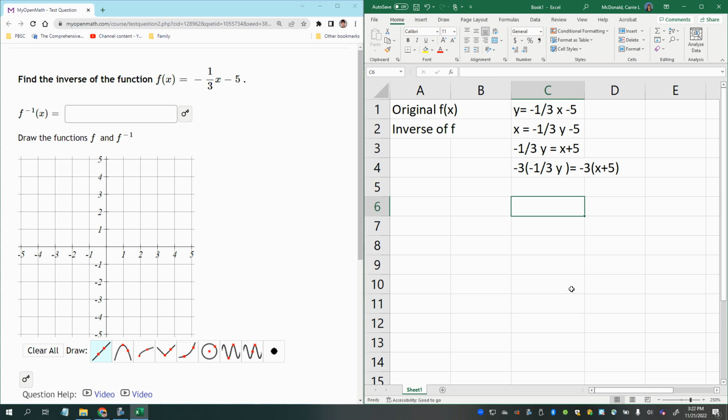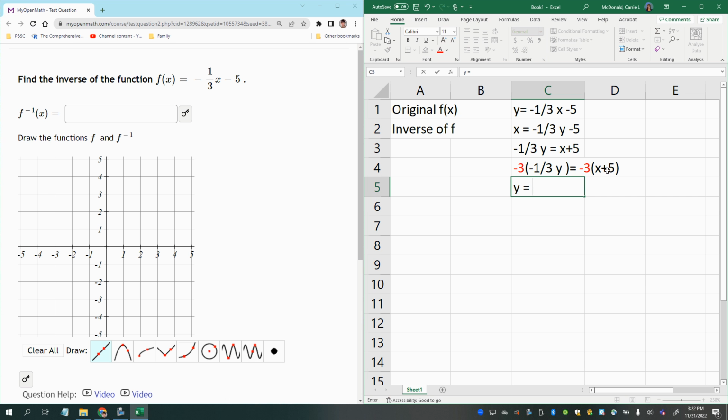Okay, so everything's still equivalent, right? Here's the -3 that I am multiplying on both sides because I don't want to change the value. So -3 times -1/3 would become +1. Okay, and then 1 times y is just y. So now the left side is just y like I wanted.